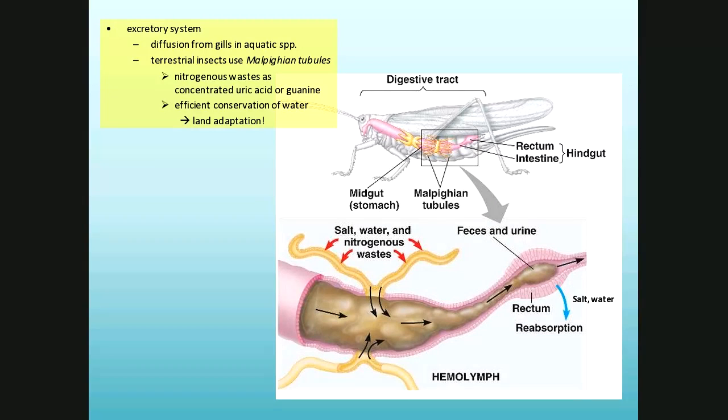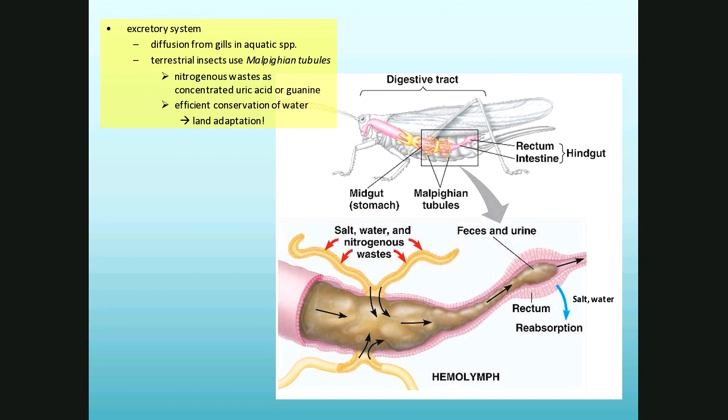They also have a very efficient excretory system. If you live in the water, your gills can be used as an excretory system. Aquatic insects use them, and fish also use their gills to do that. Terrestrial insects have those Malpighian tubules that I was talking about, those yellow tubes that bring in the salt, the water, and the nitrogenous waste, which is what you want to leave.